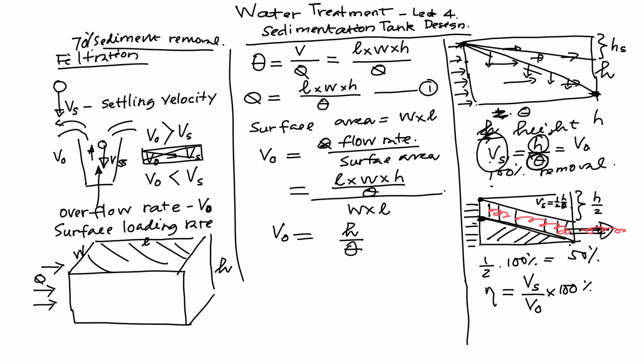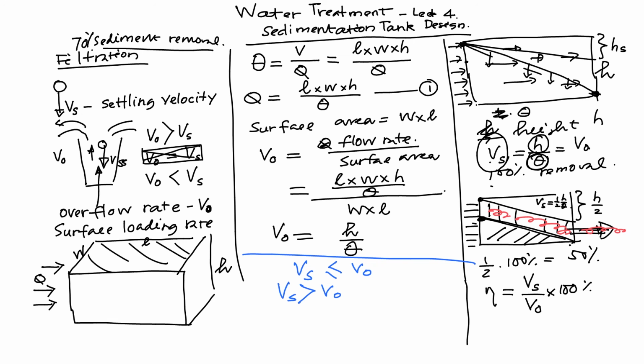Here Vs was equal to V naught, therefore you get 100% efficiency. Now the question comes: in these cases we looked at Vs less than or equal to V naught. Now if Vs is greater than V naught, what will happen?